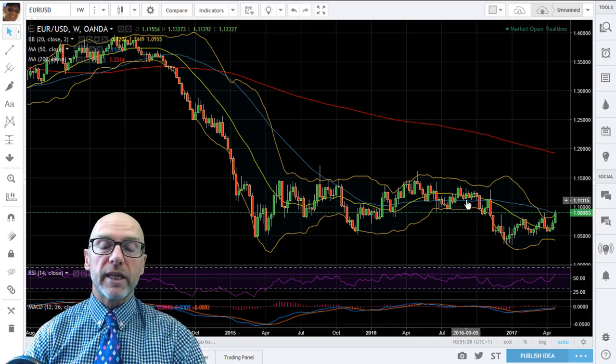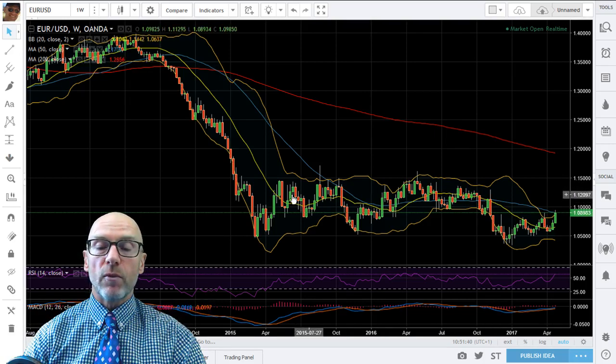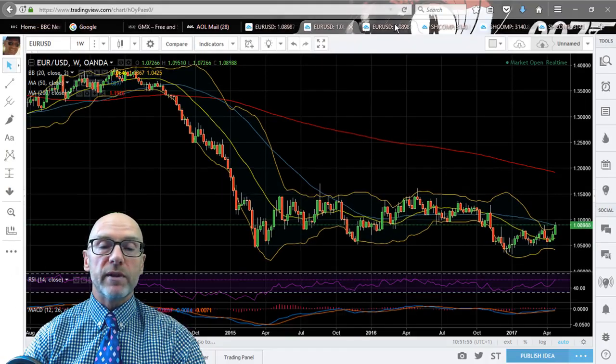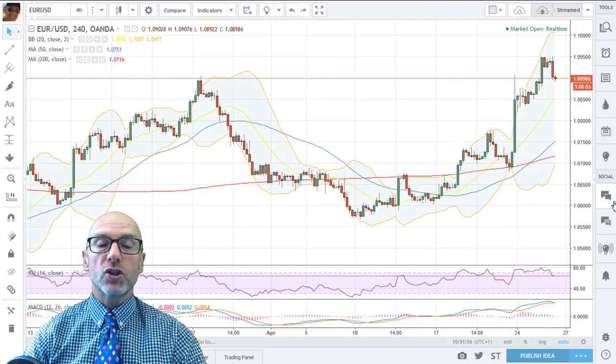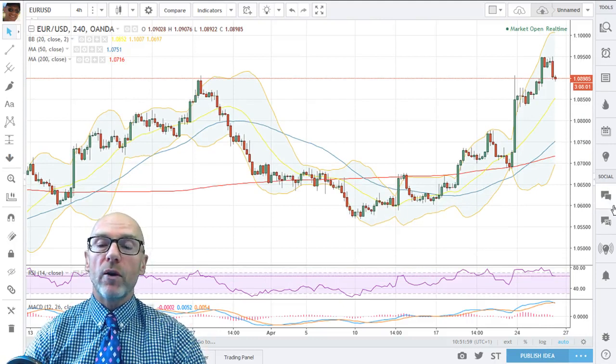These are all key resistance levels from this period of range trading, and you'd expect it to take time to be able to break through there. So the immediate resistance on this short-term chart is at that 50-week downtrending moving average.